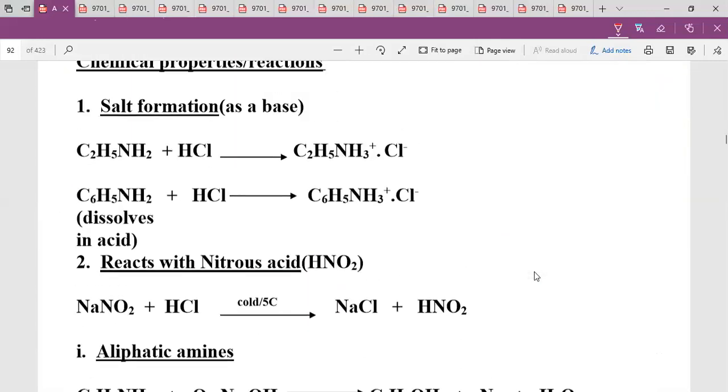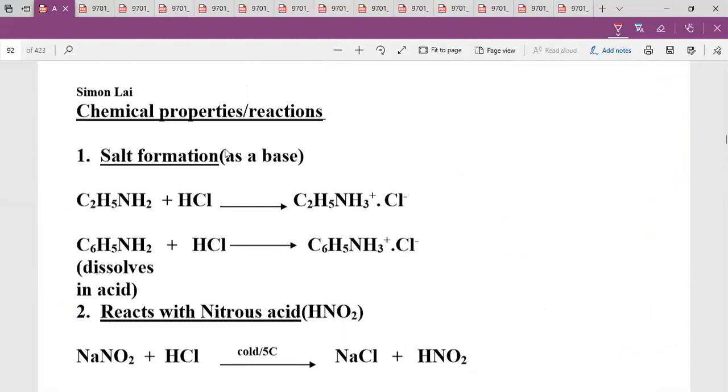Now see in my notes here on page 92, there's this thing called salt formation. I put this here because in most books it acts as a base and forms a salt. Salt means there's a cation and an anion, it is ionic. That's the idea, which is true.